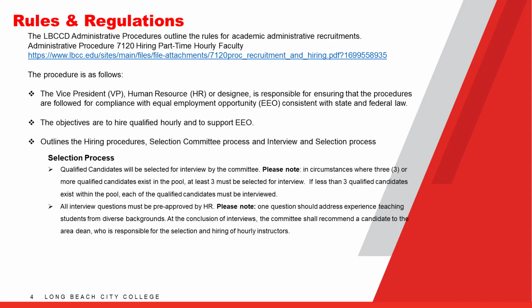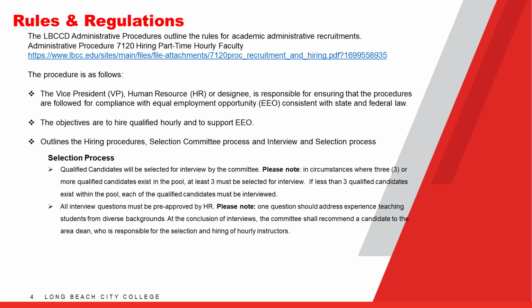Lastly, the rules and regulations outline the entire hiring process, from selection of the committee to interviews and candidate selection process. Some important items to note regarding the selection process are that in circumstances where 3 or more qualified candidates exist in the pool, at least 3 candidates must be selected for interview. If less than 3 qualified candidates exist within the pool, each of the qualified candidates must be interviewed.